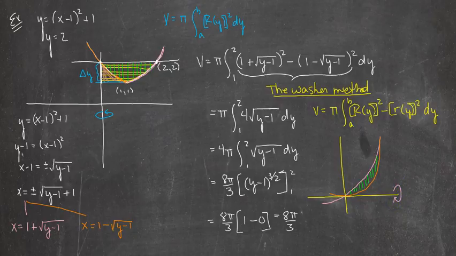I would be able to set this up as the volume equals pi on the interval, let's say 0 to b, of the outer function, which is going to be a radius of 2. So the outer function would be this entire pink area wrapped around the x-axis. That gives me a volume. So that's the outer radius with respect to x. And I'm going to take away the inner radius, since I'm wrapping around the x-axis.